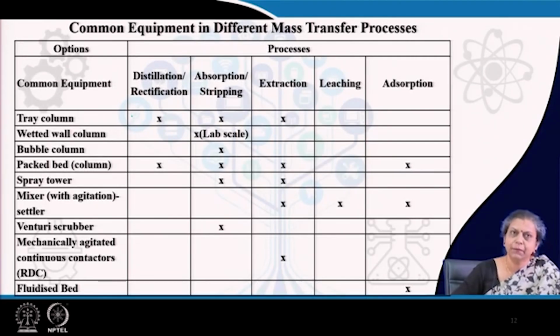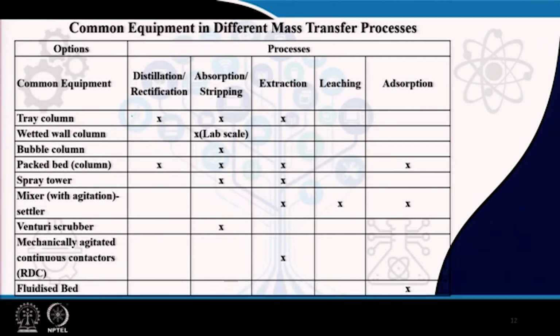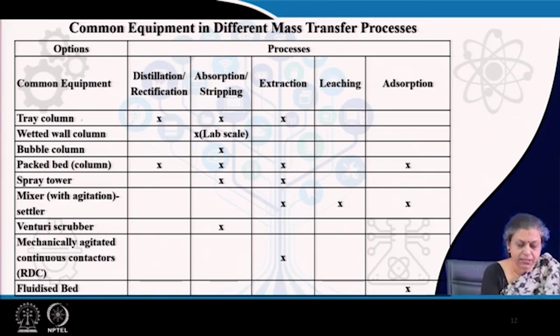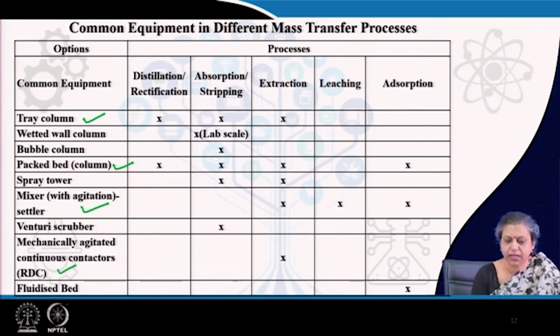So, depending upon which phase should be dispersed and how much contact we require, different processes are typically performed in different types of equipment. While we discuss the processes, we will be primarily discussing tray columns and packed beds, and while we discuss liquid extraction, we will be discussing mixer settlers and maybe mention something about rotating disc contactors.